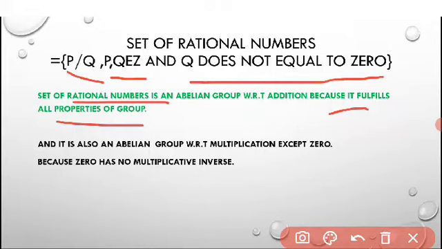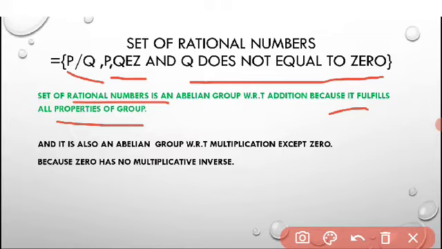So the set of rational numbers is an abelian group with respect to addition, because it fulfills all four properties. As we read before, the closure law holds in rational numbers, because integers are contained in rational numbers. If the integers are a group with respect to addition, then the rational numbers are also a group with respect to addition.